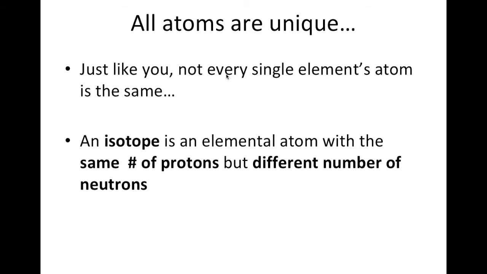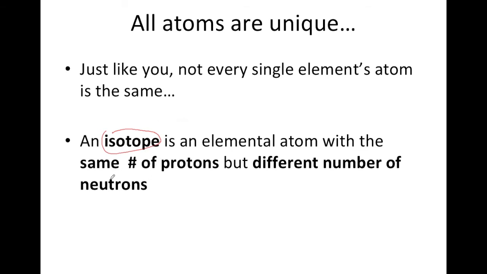Now, not all atoms are the same. They are all unique, just like you and me. And we call these different flavors or versions of an element's atom an isotope. So isotopes are basically the same for a particular element. That means they're going to act the same.